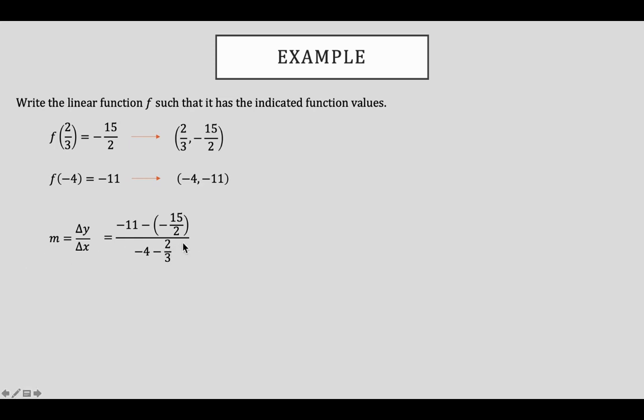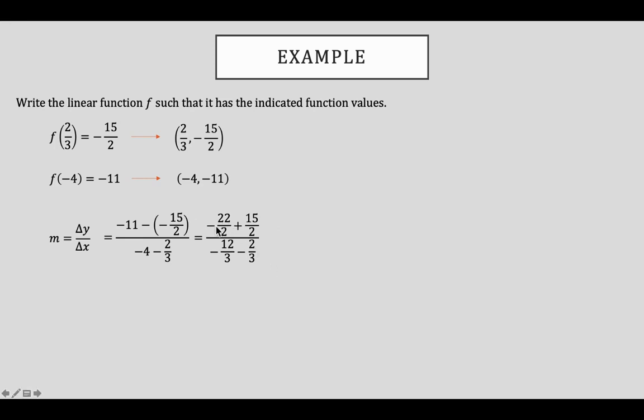Now, again, whenever we are subtracting fractions, we need to get a common denominator. To get a least common denominator in our numerator, I'm going to multiply -11 by 2/2, and I'm going to multiply -4 by 3/3. That leaves me with -22/2 plus 15/2 divided by -12/3 minus 2/3.